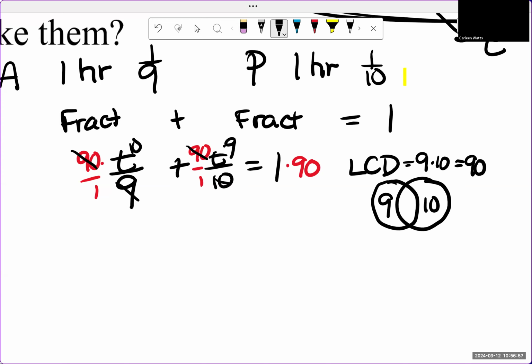What equation comes out of this? 10t plus 9t is equal to 90. Now, actually, t is a little awkward because 9t sounds so close to 90, but we're good. Okay, next step.